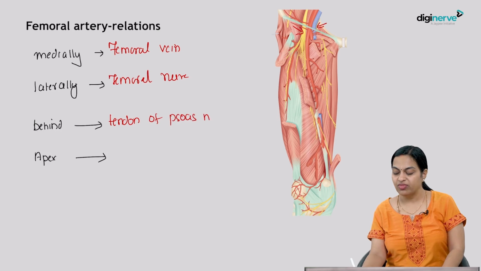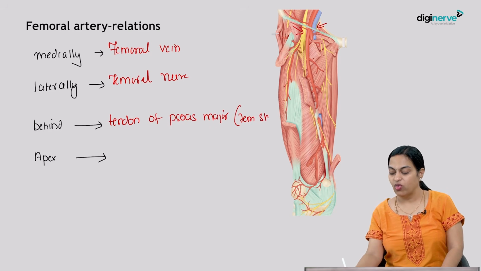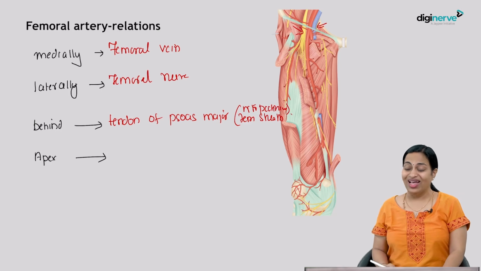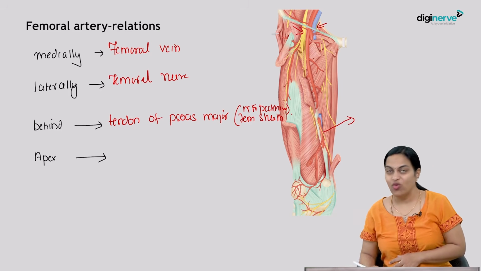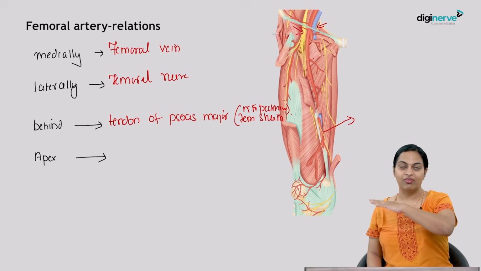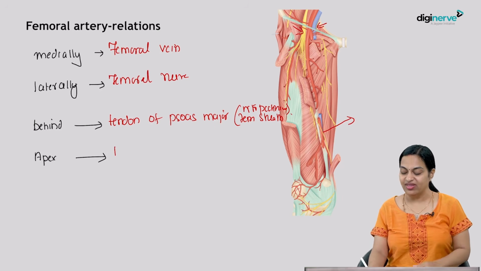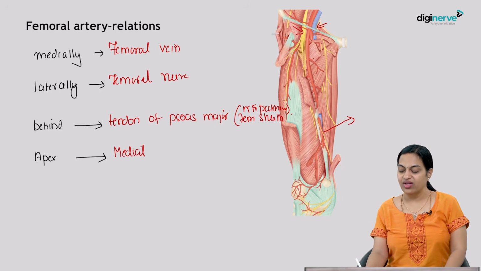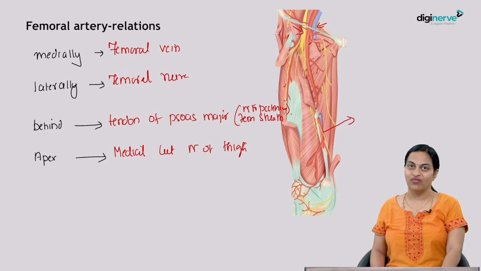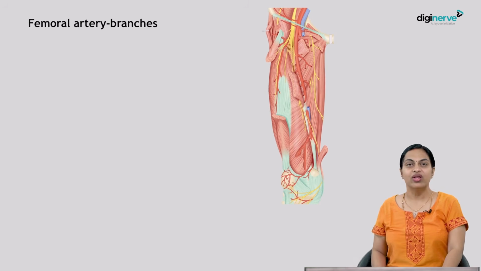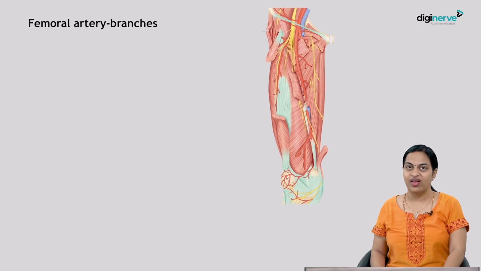It is separated from the tendon of the psoas major by the posterior wall of the femoral sheath and the nerve to pectineus. Close to the apex of the femoral triangle, this femoral artery is crossed from lateral to medial anteriorly by the medial cutaneous nerve of the thigh, which arises from the anterior division of the femoral nerve.